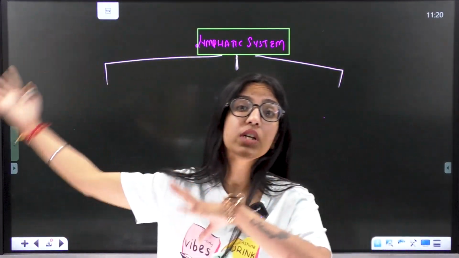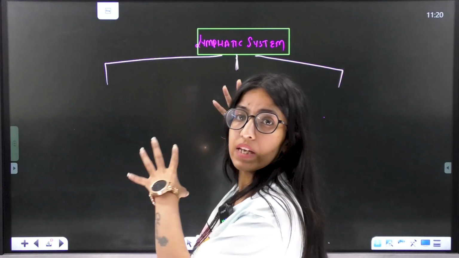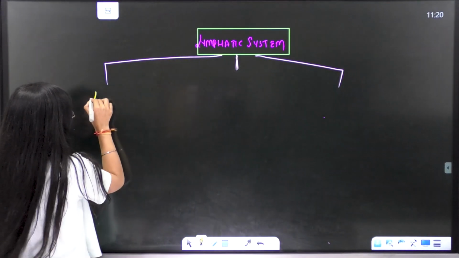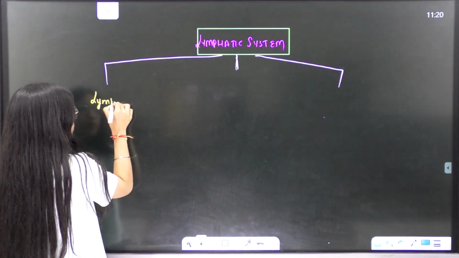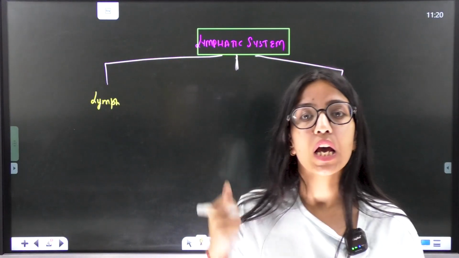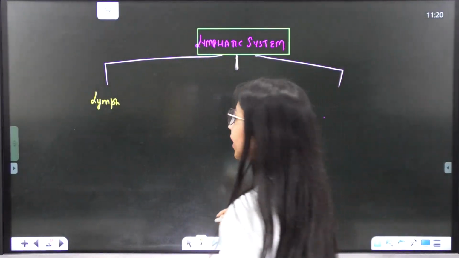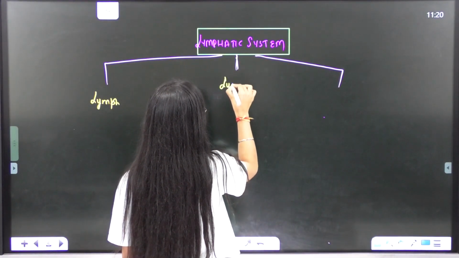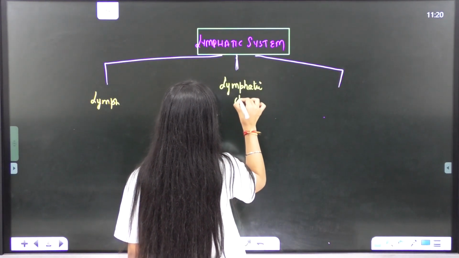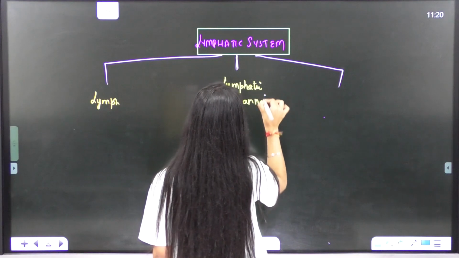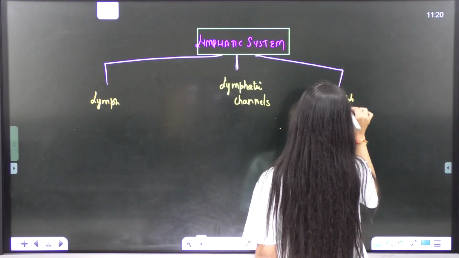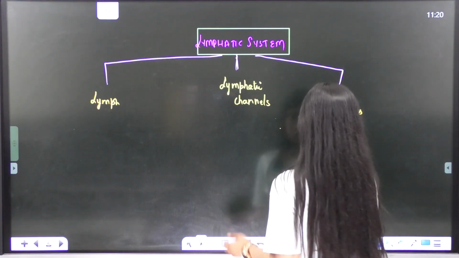Like the blood vascular system consists of blood, the lymphatic system consists of lymph. Like the blood moves in blood vessels, similarly the lymph moves in lymphatic channels. And the last being lymph nodes, right?